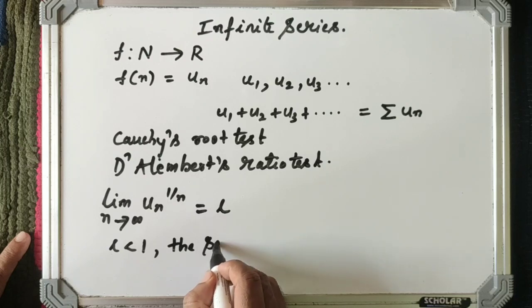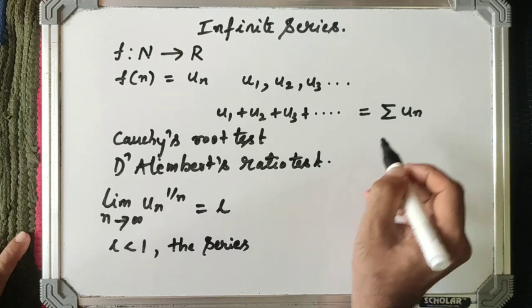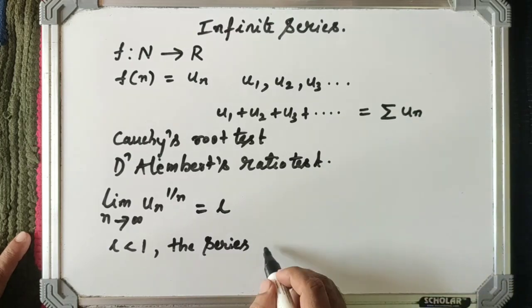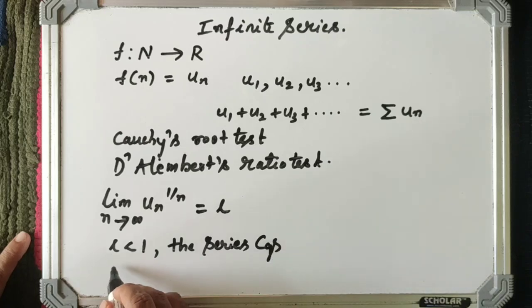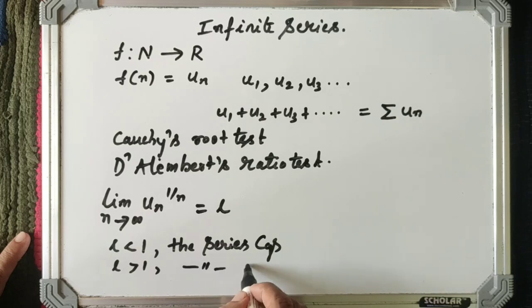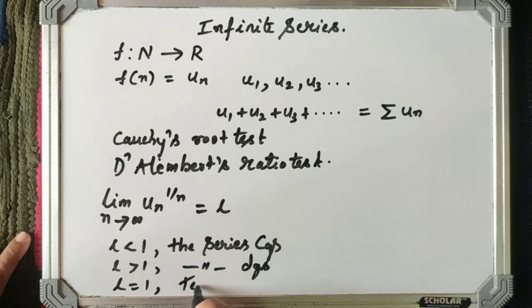The series here means summation of un converges. If it is greater than 1, the series diverges. If it is equal to 1, the test fails.